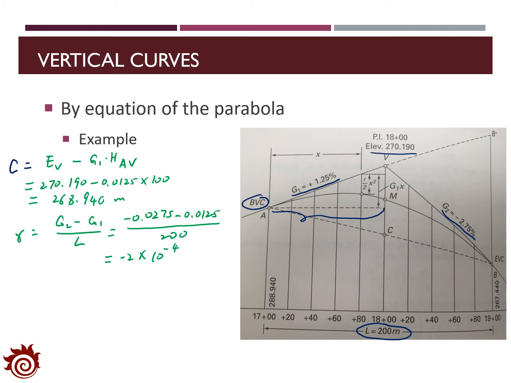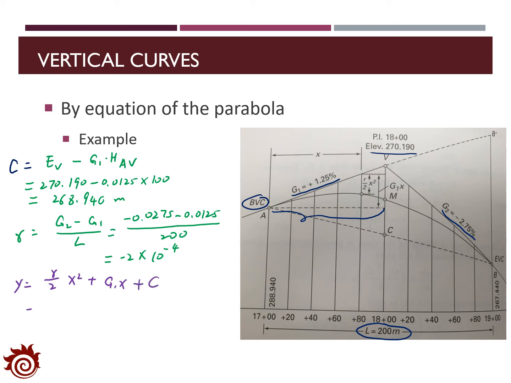Then we can call the equation y equal to r over 2 x squared plus g1 x plus c.